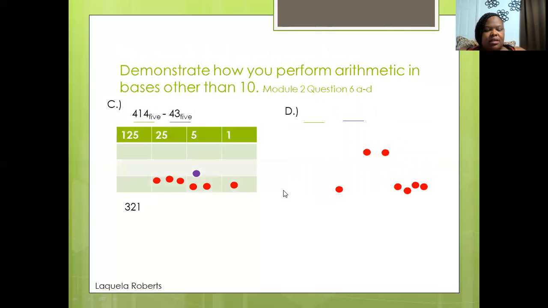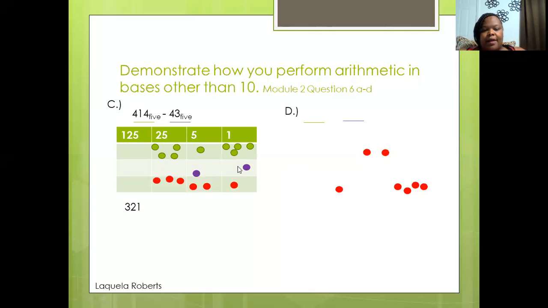C for 414, which is in green, for ones, 1, 2, 3, 4, 5s, 1, 25s, 1, 2, 3, 4.